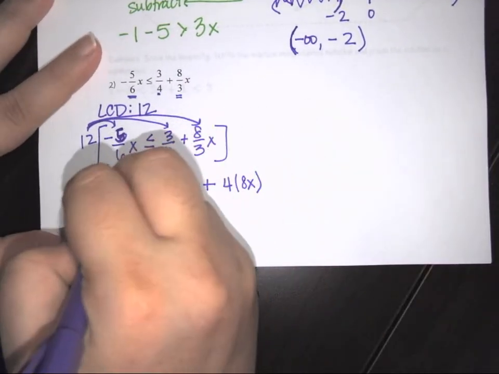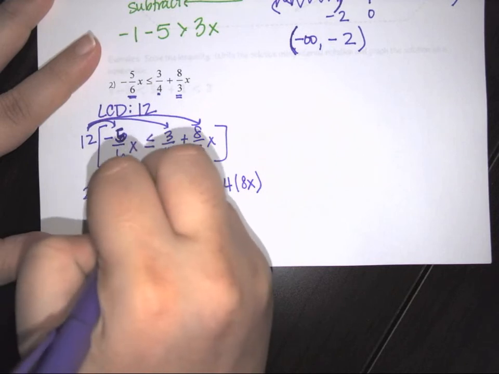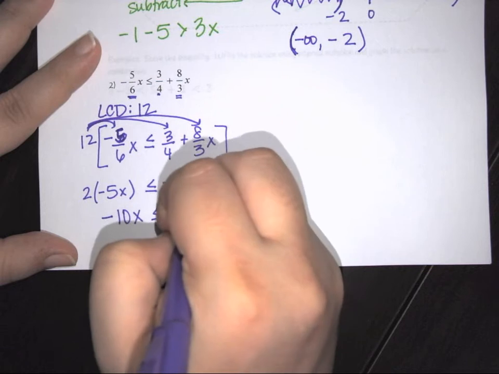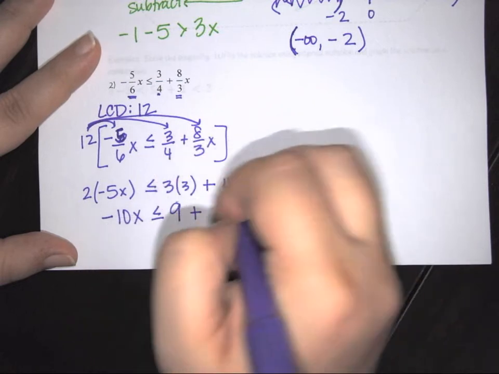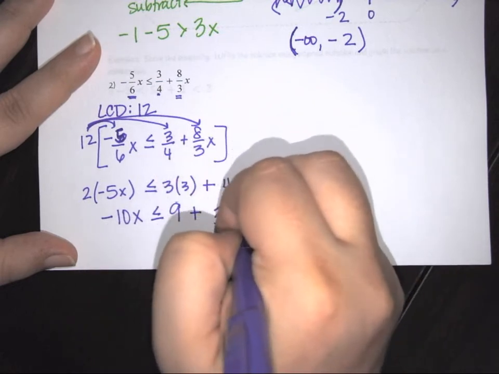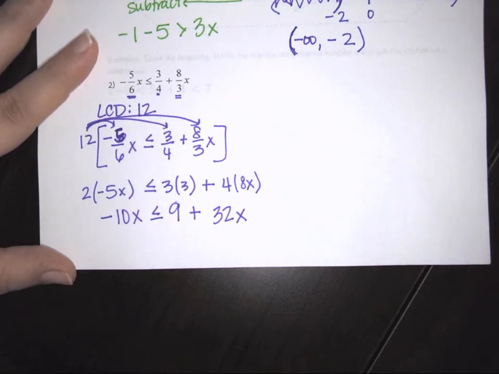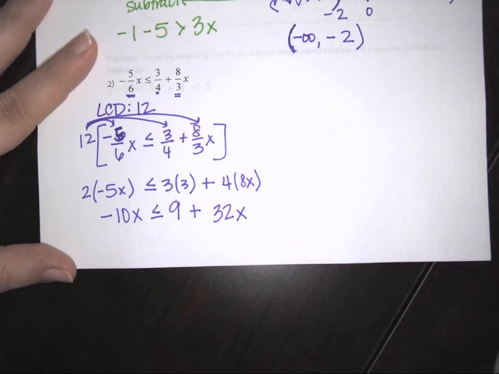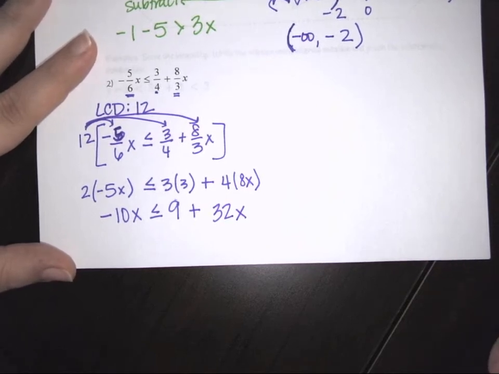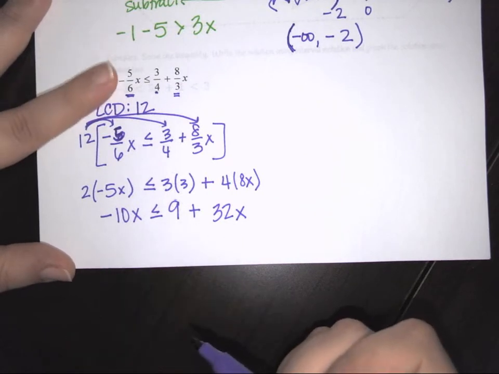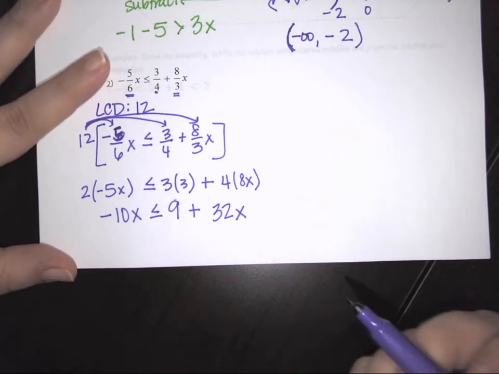So here I have a negative 10x is less than or equal to 9 plus 32x. So I have to solve for x. Okay? So there's a couple different ways that we can do it. We can move the 10 and move the 9, but I've shown examples of doing that.